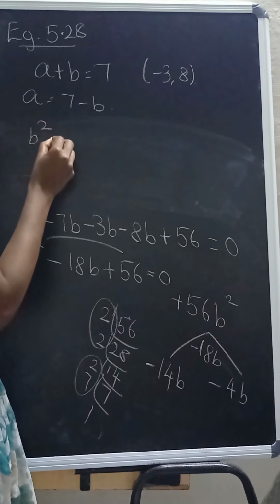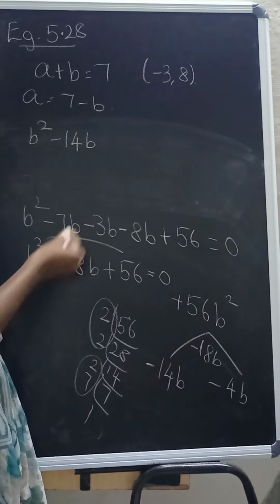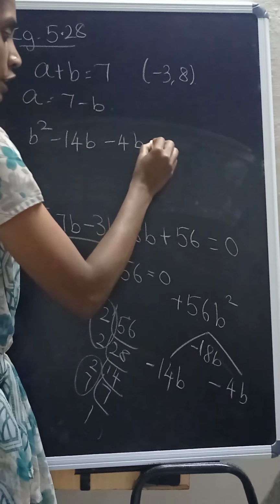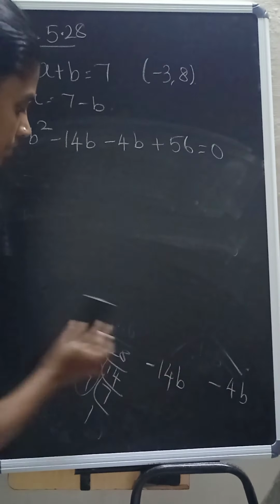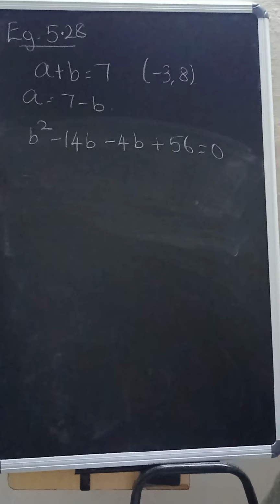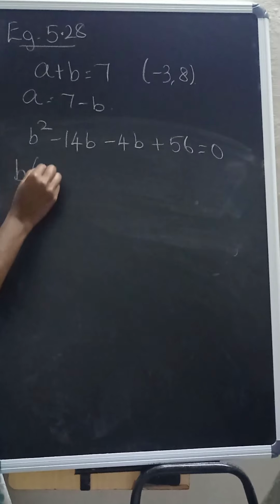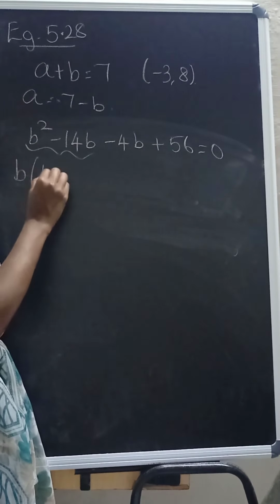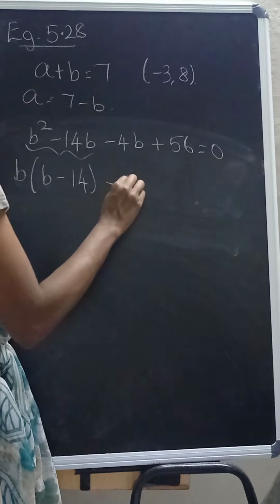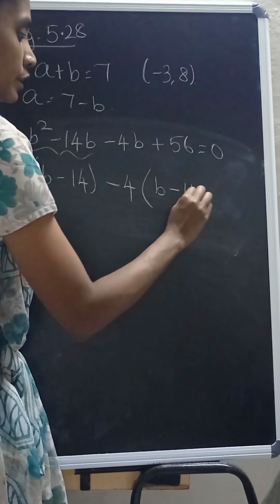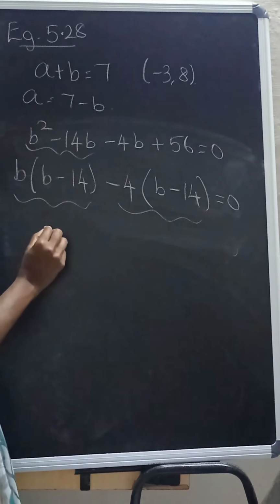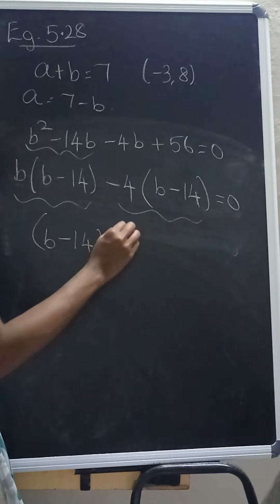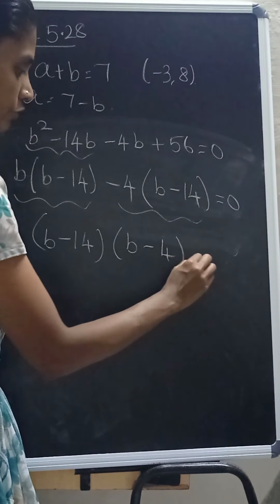b² - 14b - 4b + 56 = 0. From first two terms I am taking b common out, I get b - 14. Here -4 common out, I will get b - 14 = 0. So first term and second term, from this I am taking b - 14 common out, get (b - 14)(b - 4) = 0.